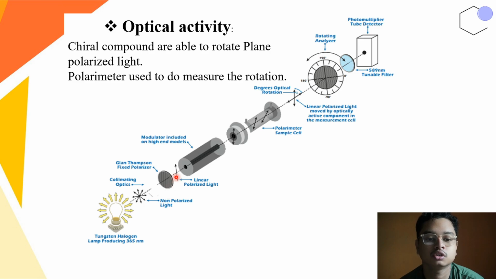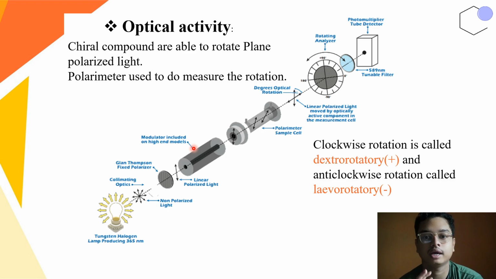This polarized light is passed through the chiral solution, and the deflection is recorded in degrees. Here is a detector, and the detector tells us how much deflection is observed for this particular chiral sample, and we get the necessary data from it.